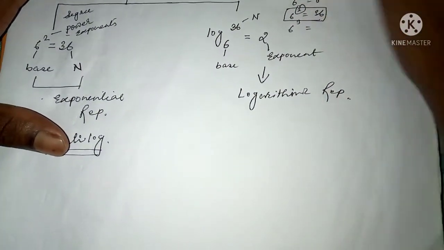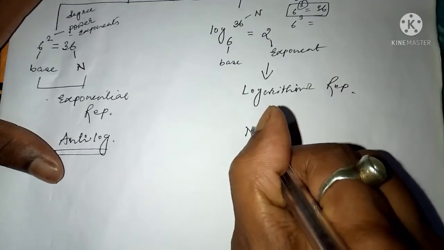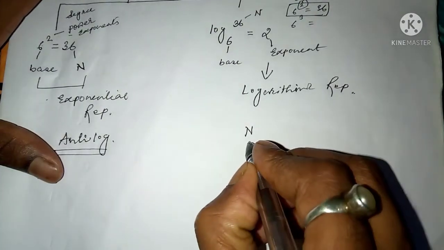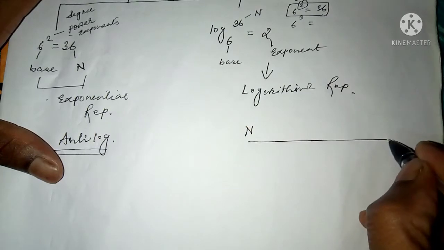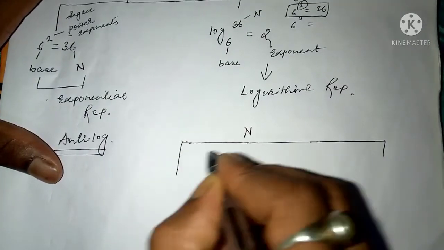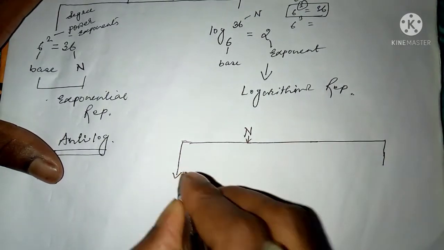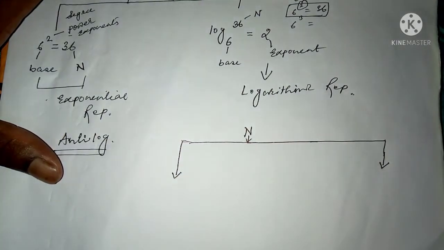Now in place of this 36 we are writing n. We'll try to represent this in both forms, one exponential form and another logarithmic form.